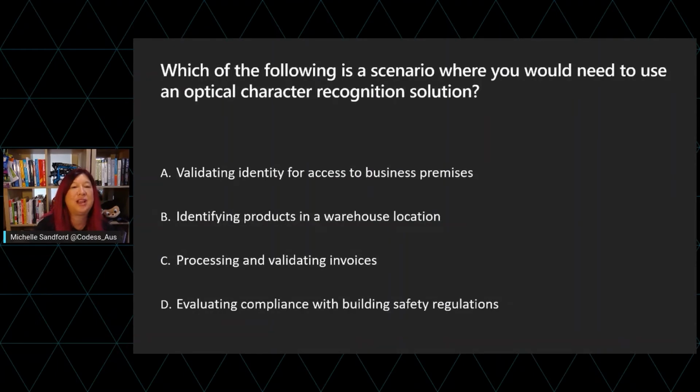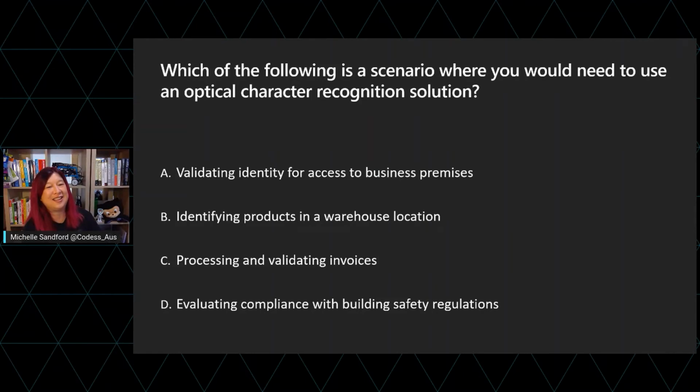There we go. So which of the following is a scenario where you would need to use an optical character recognition solution? Oh, I really like this question because, in fact, you could use OCR as a solution for each of these answers if you were getting creative. So what you really need to do here is look for the unequivocal answer.